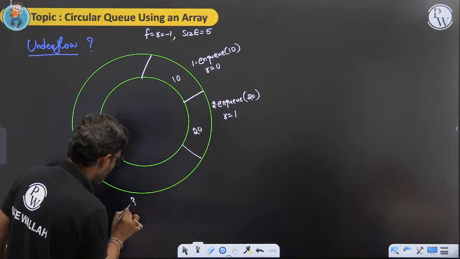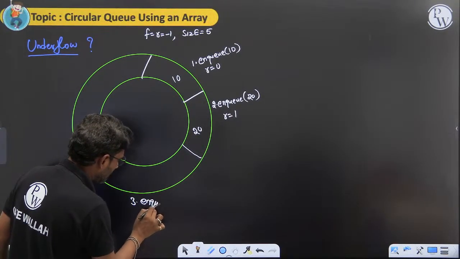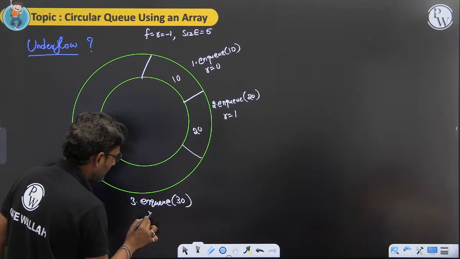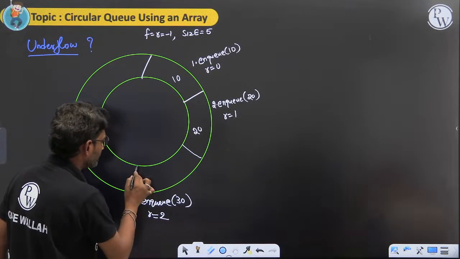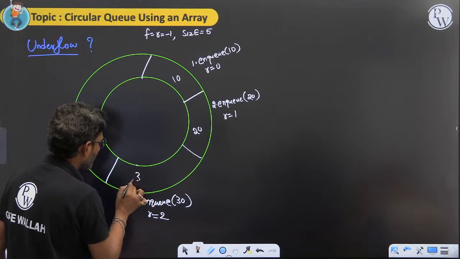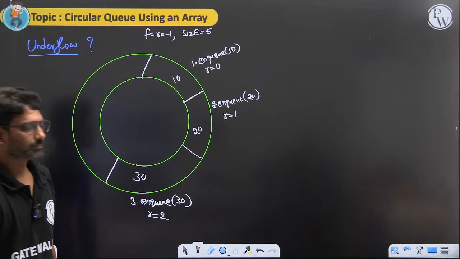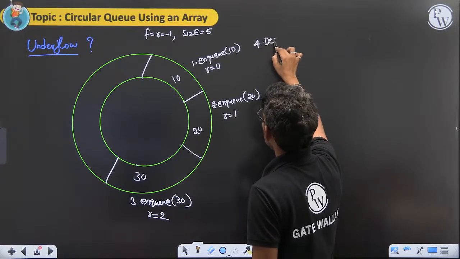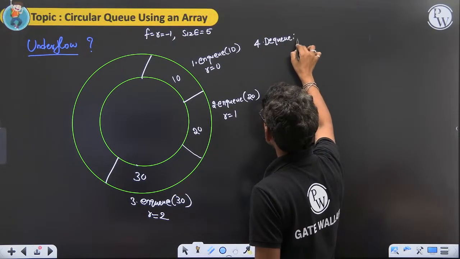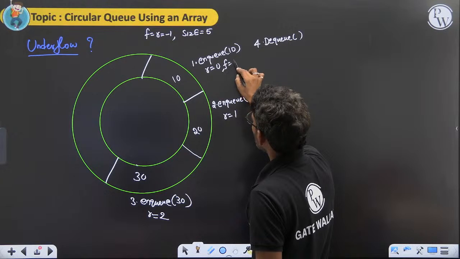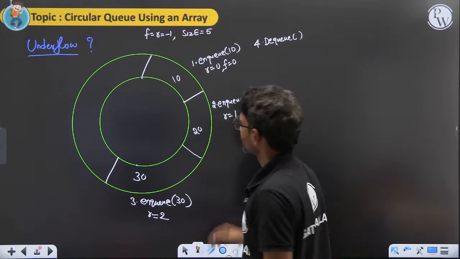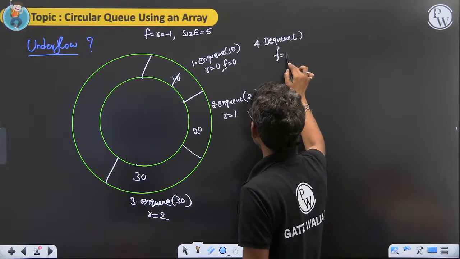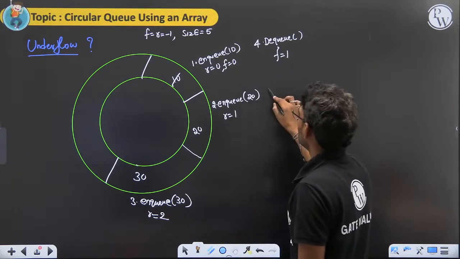Now enqueue 30, rear becomes 2, 30 is inserted. Assume now I am doing a dequeue operation. So 10 gets deleted, front will be 1.